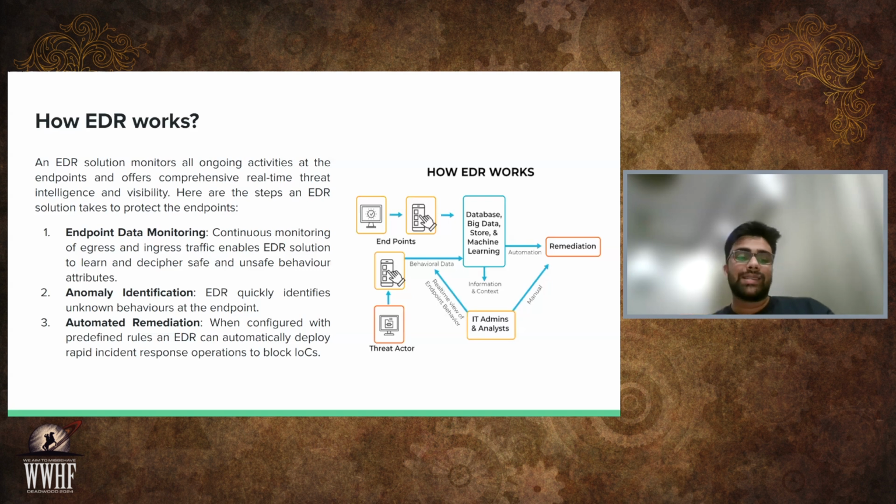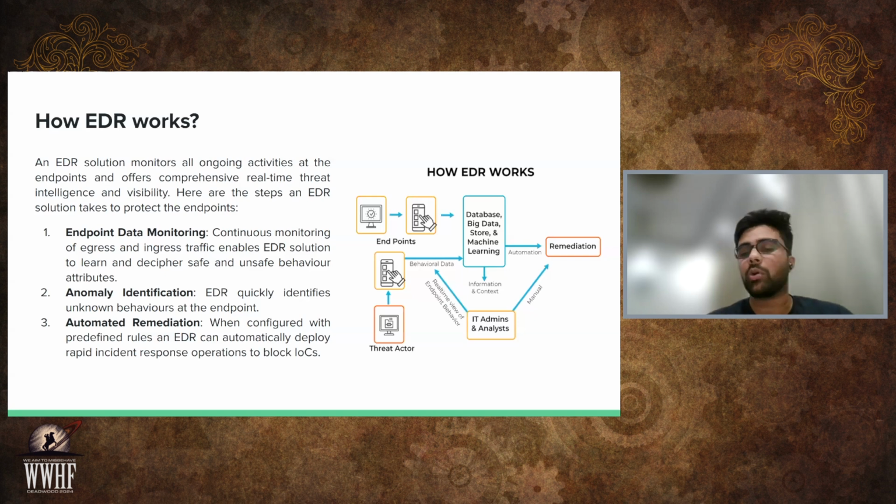So, how exactly do they work? There were 6 steps. They continuously monitor all the egress and ingress traffic coming from an endpoint. They also take event-level data, Windows event-level data from your system, and use it to determine whether or not certain malicious activity has been performed on a system.